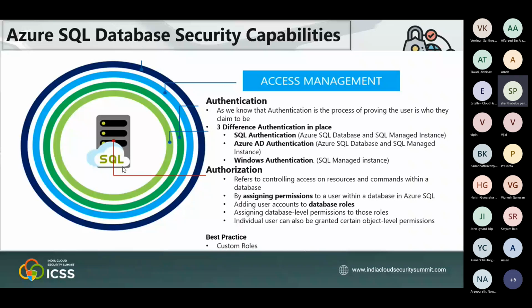And authorization refers to controlling the access to resources and commands within the database. I mean, what access can I use inside? If I want to go into the canteen, I can roam around and get whatever items I want. But if I'm going to the data center, I just have to log in. My access is supposed to be completely restricted. I couldn't go and switch the server on or off. No, I have to take the respective person for the data center, and then I can walk inside the data center room.